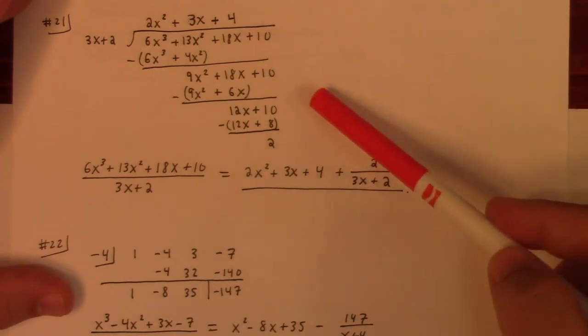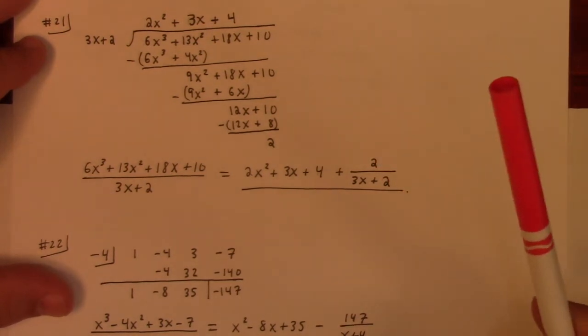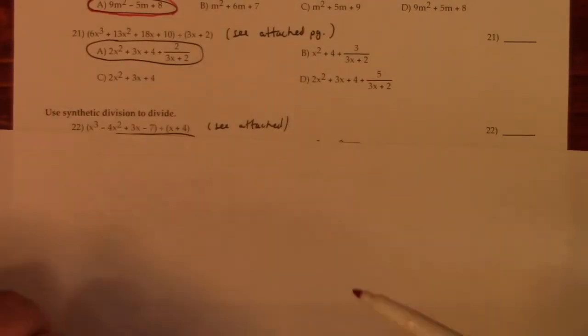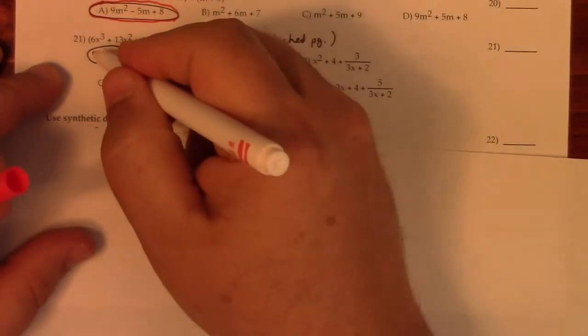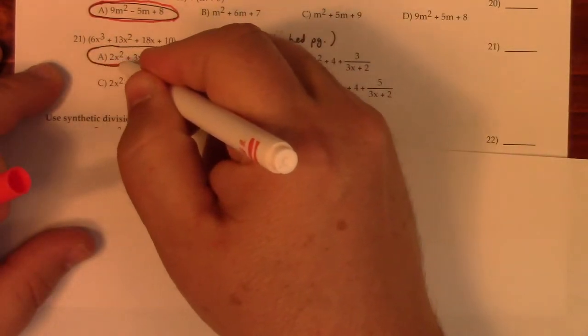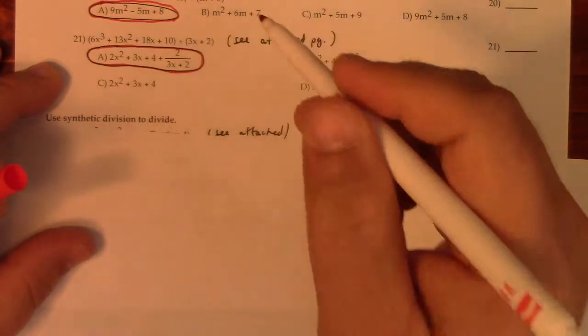Did my long division. I got a remainder of 2, and that gave me this. All right, and so, if you want to follow along here and work it out for yourself, then you probably need to pause the video, obviously. All right, so the answer was A.